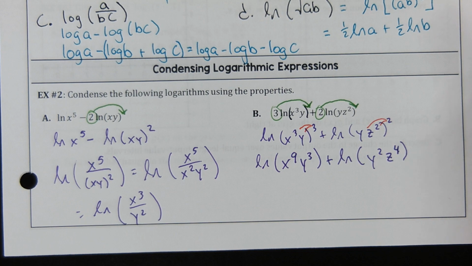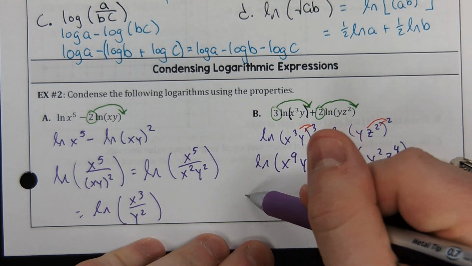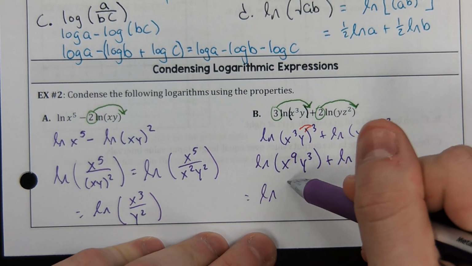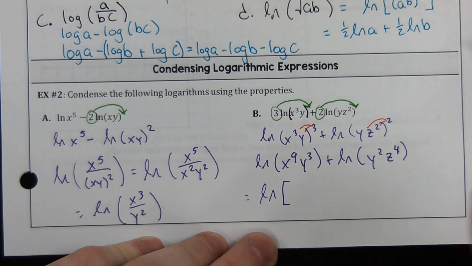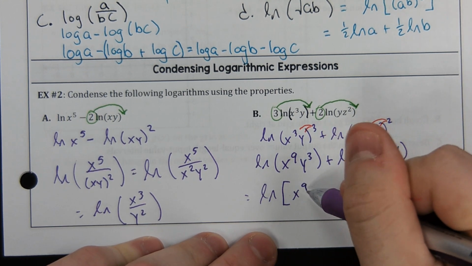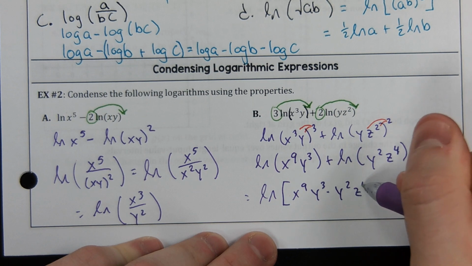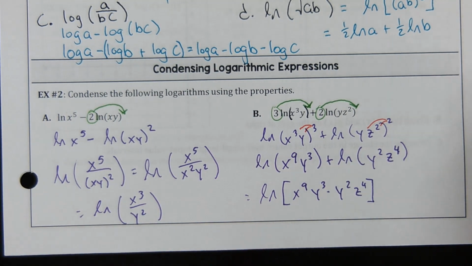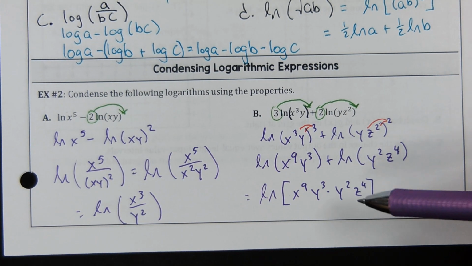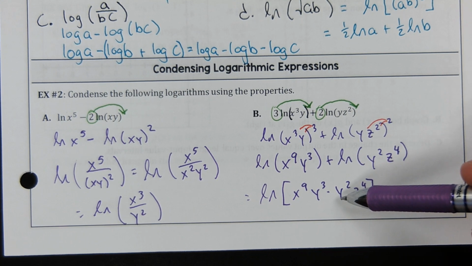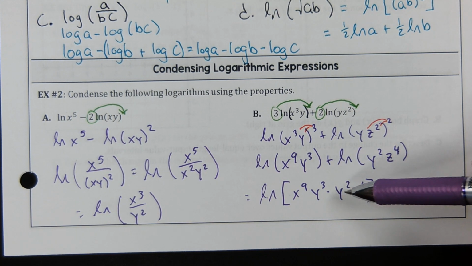Okay, now, because there's addition between these two logarithms, you get to multiply those arguments. Single logarithm. You know what? I didn't need the bracket. I'm just going to write it like this. Now, when you multiply two numbers with the same base, this is where you add, AP students.